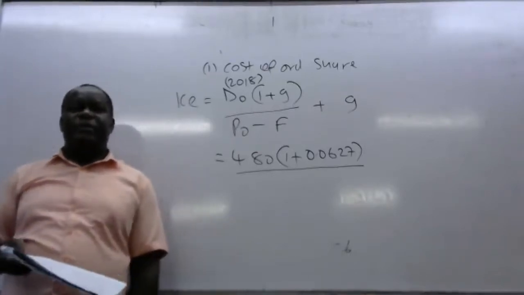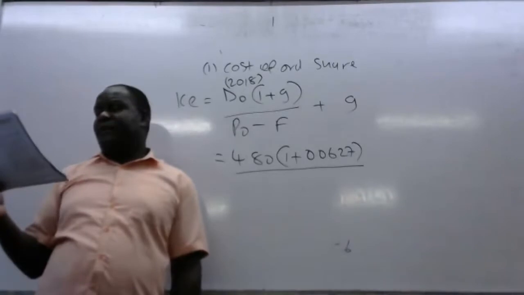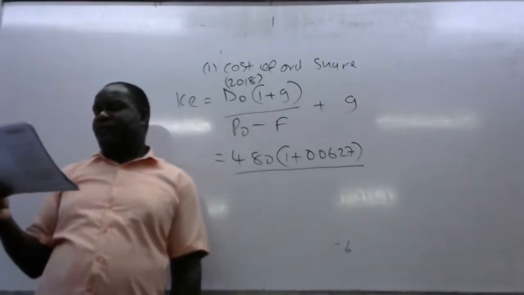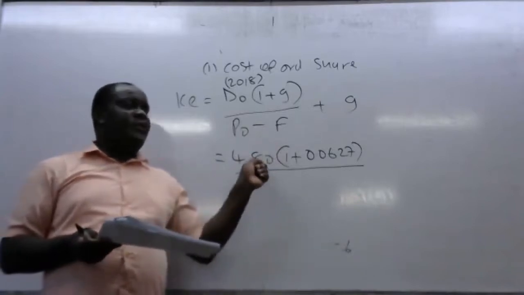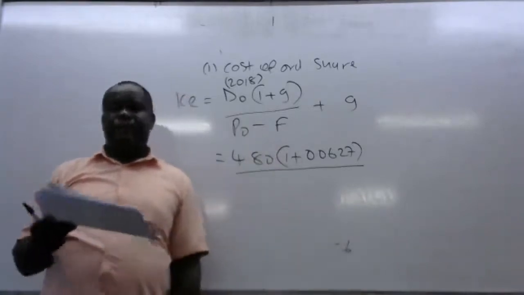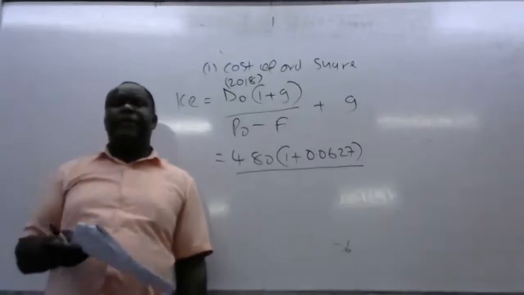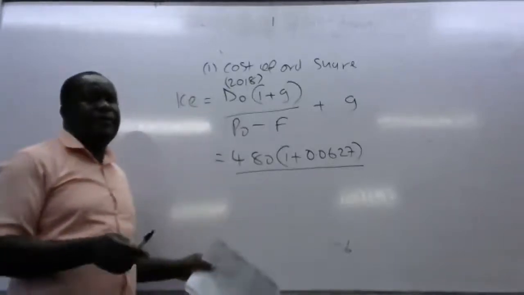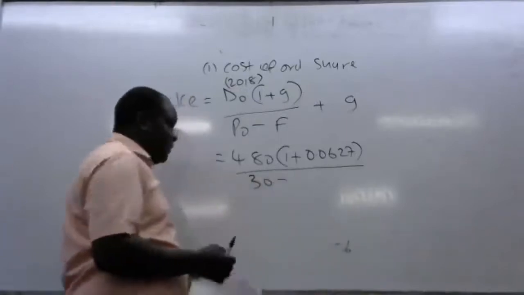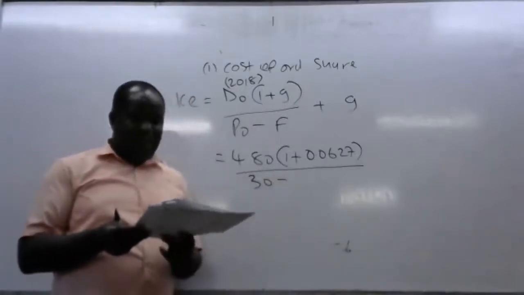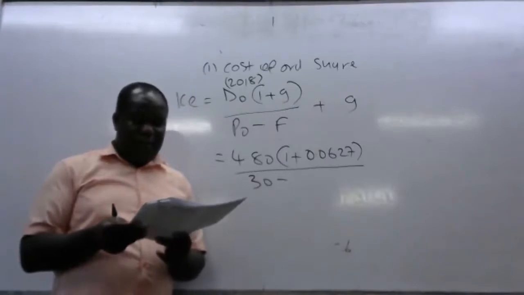We said we use ex-dividend. So you take the 34.80 minus the dividend in note number 4 in 2018, the 4.8. So you minus the 4.8 from 34.8. We shall be left with what price? Confirm whether there is any flotation cost given.